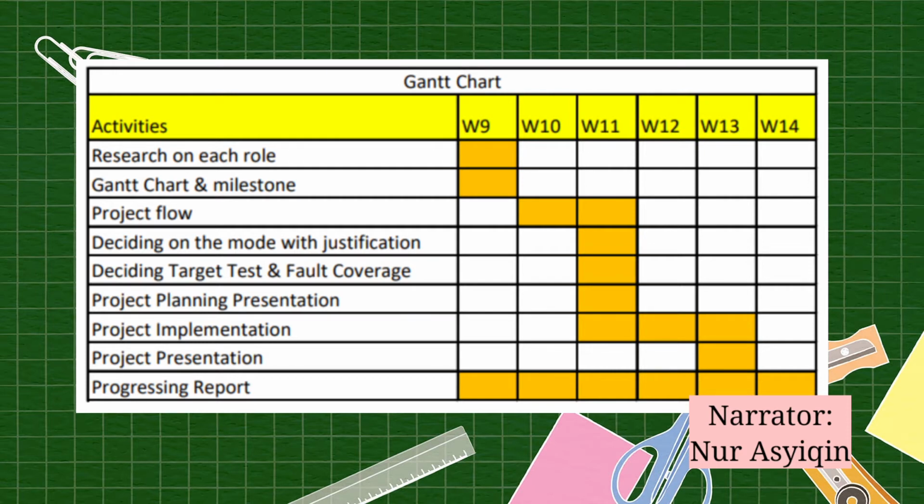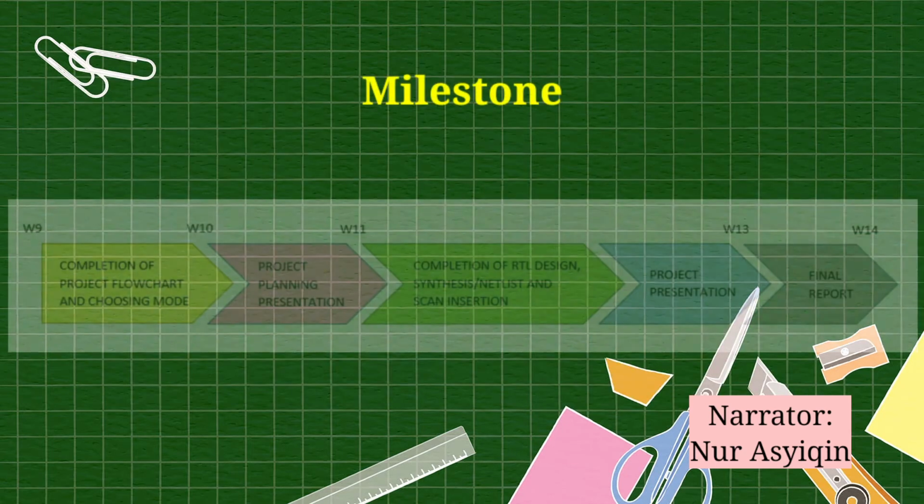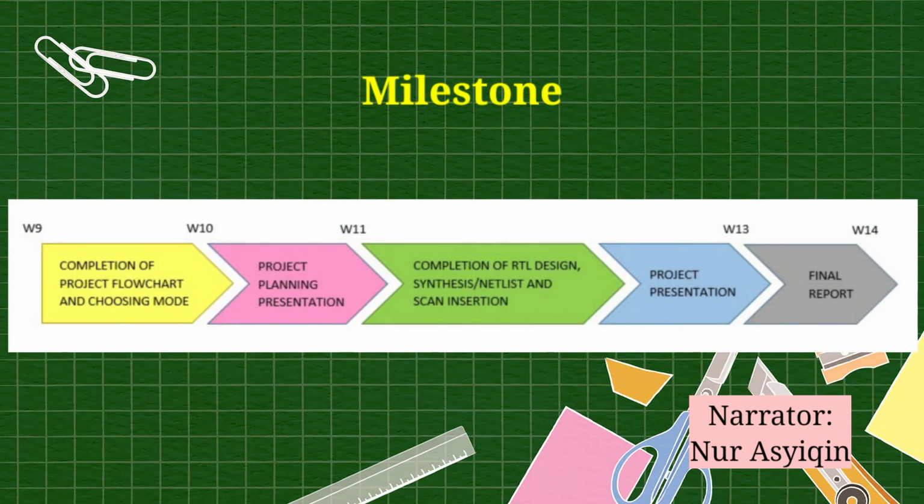At the same time, the target test and fault coverage has also been determined. At the remainder of week 11, project planning is presented and it will be further proceeded for the project implementation.